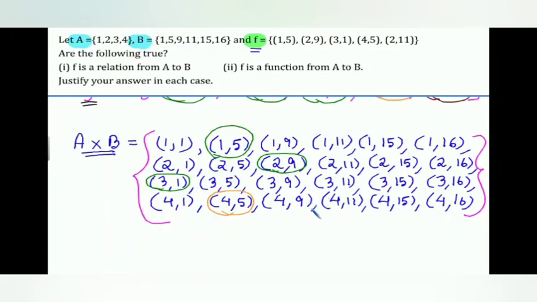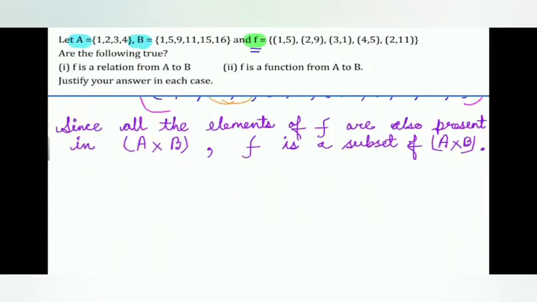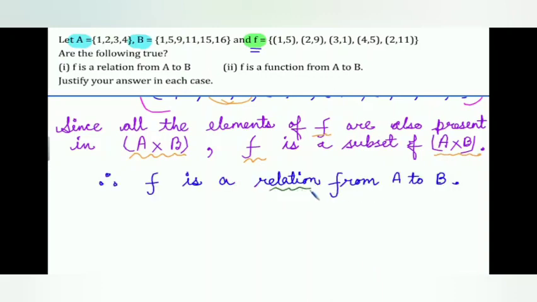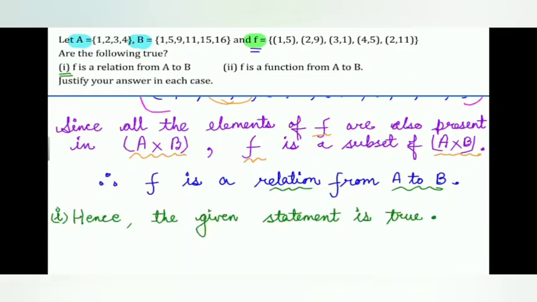Now all the elements of f are present in A cross B. Since all the elements of f are also present in A cross B, f is a subset of A cross B. So f is a relation from A to B. Hence the given statement is true.